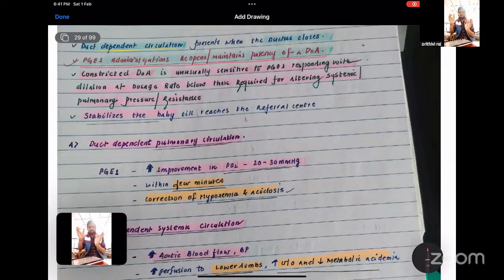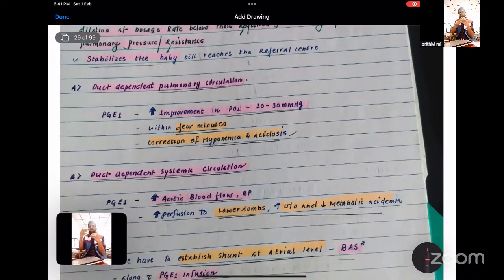For stabilization, your ductus arteriosus should always be kept open. The minimum mantra we have in our hand is to keep the saturation at around 80 to 85 percent. Another is supplying prostaglandin, so that it keeps the ductus arteriosus patent till the child reaches a referral center where the definitive cardiac procedures can be performed.